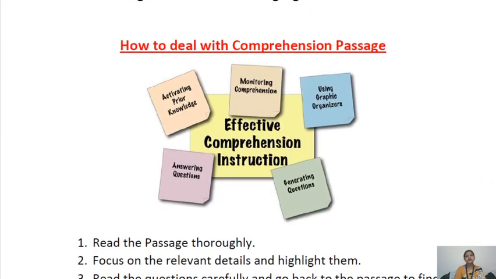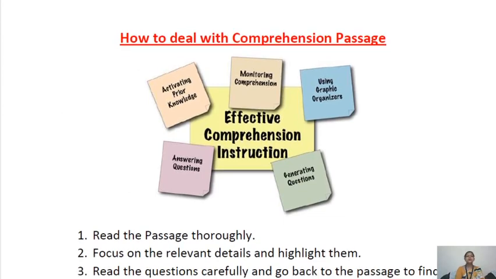Here on the screen, children, you can see that some instructions have been given for effective comprehension. You can see five instructions have been given with the figure. The first instruction is activating prior knowledge. Prior knowledge means the knowledge you already have in your mind.